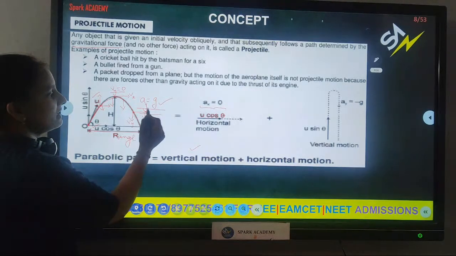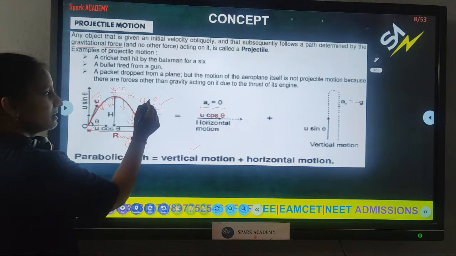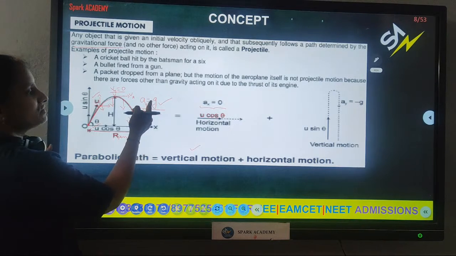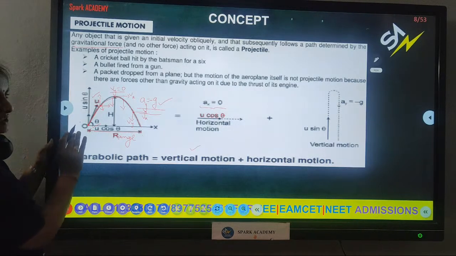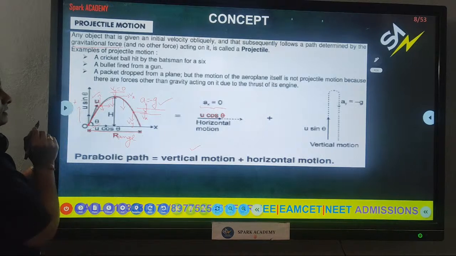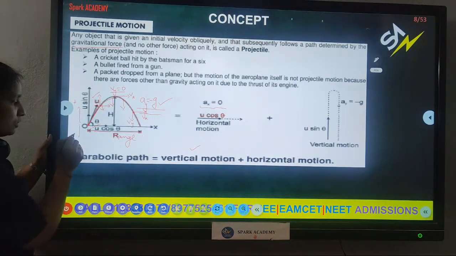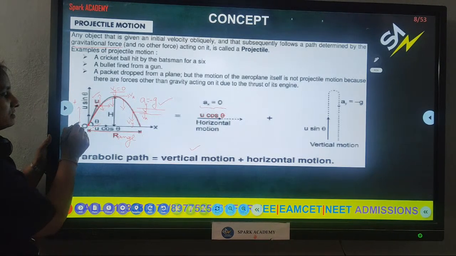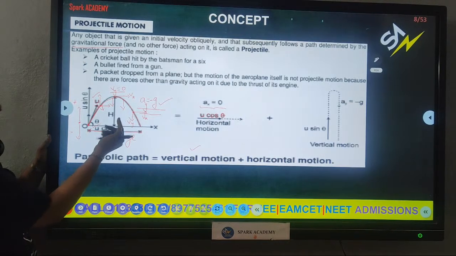So vertically acceleration is equal to g. That too we take minus g, because from the point where the object is projected, above that, all the distances or magnitudes will be positive. Below that point from that origin, all will be negative. So it is in the negative direction.